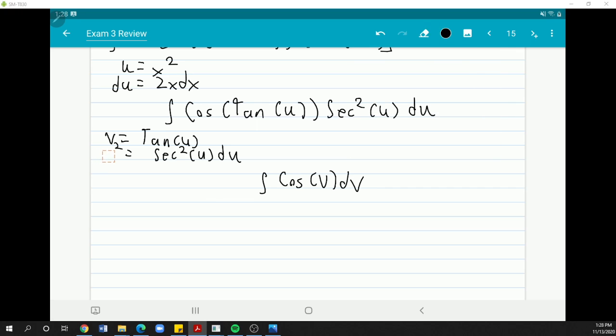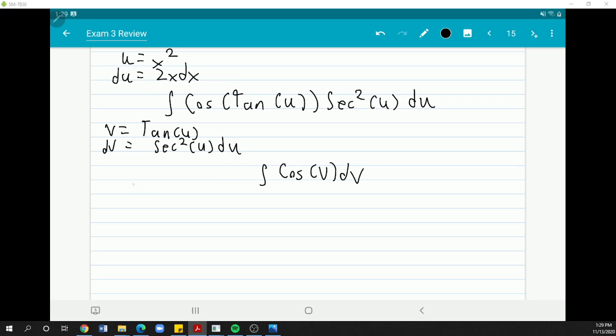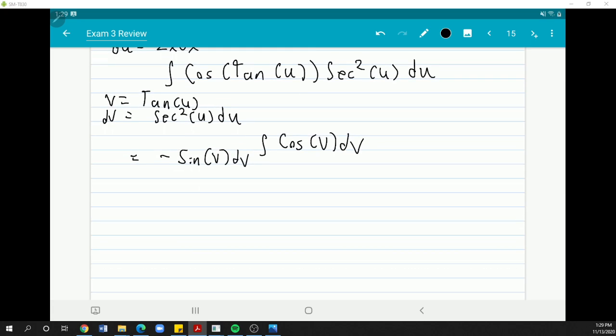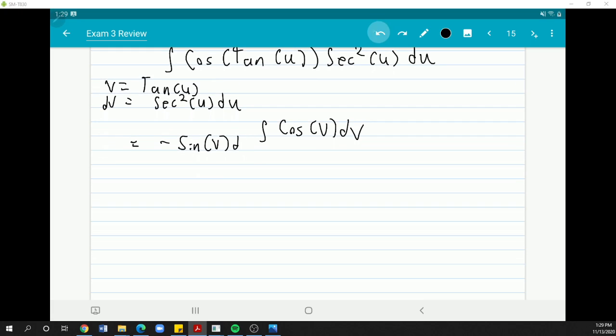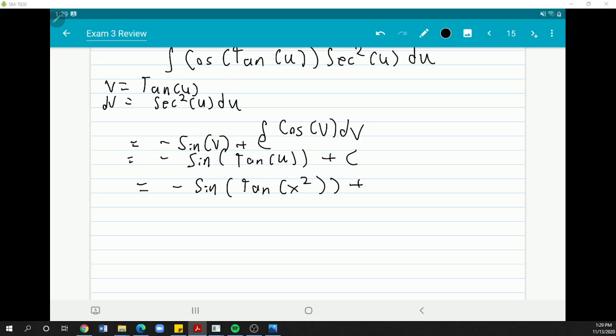That gives sine of v plus c, equals sine of tangent u plus c, plugging in v equals tan u, equals sine of tan of x squared plus c.